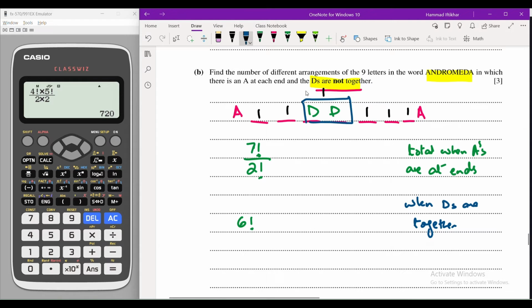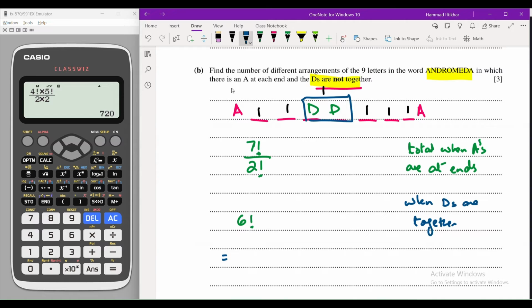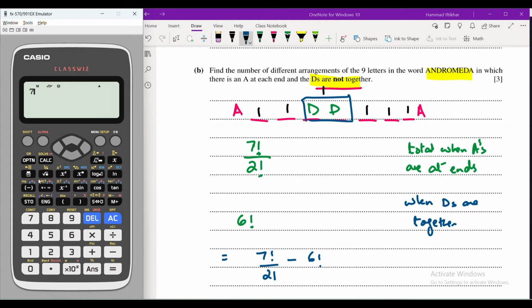Now, normally, we would have done the 2 factorial also, but since they're duplicates, their internal permutations don't count because they will be just counted as 1. So it's just 6 factorial. So the total arrangements of Andromeda when there is an A at each end and D's are not together are just 7 factorial divided by 2 factorial minus 6 factorial, that is 1800.